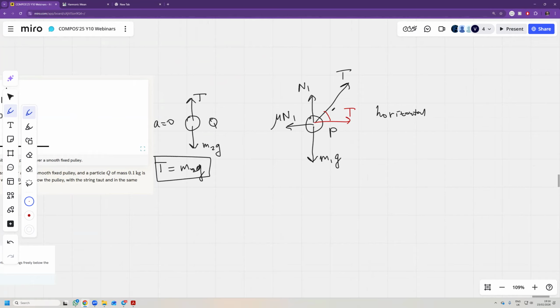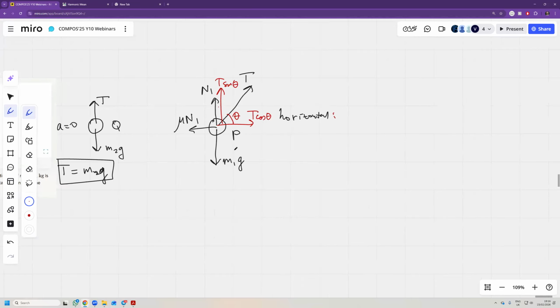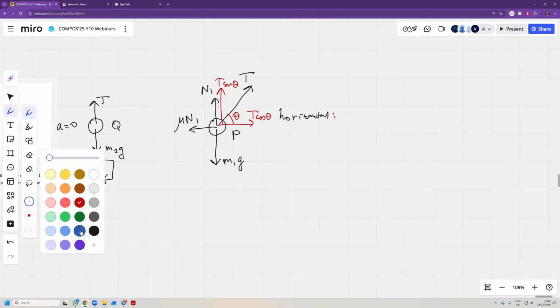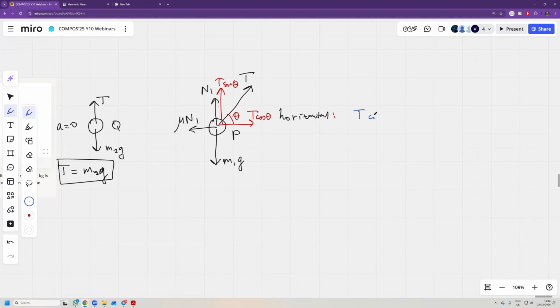If this is theta, T cos theta and T sine theta. So for horizontal forces, T cos theta must equal mu N1. Vertical: T sine theta plus N1 equals M1G.